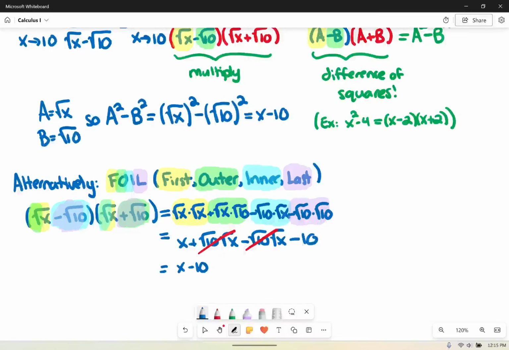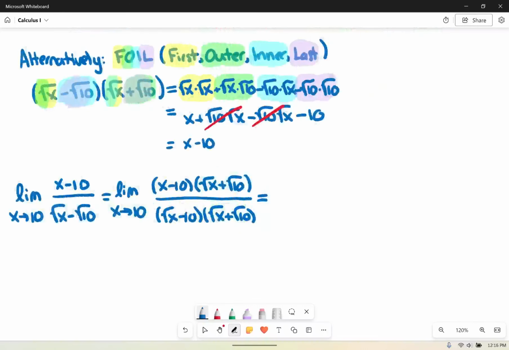However you get there, we now have that the limit we're trying to find is equal to the limit as x approaches 10 of x minus 10 times the square root of x plus the square root of 10 over x minus 10. Now I'm really glad that I didn't bother trying to expand the numerator.